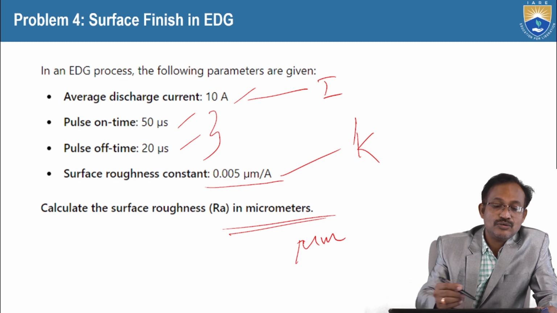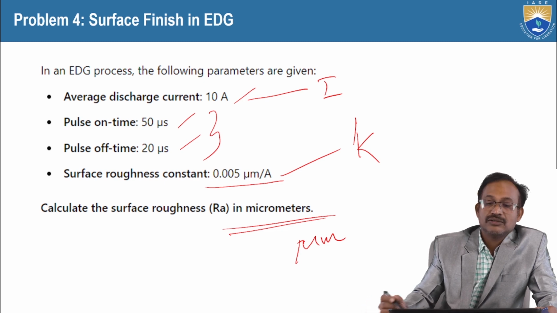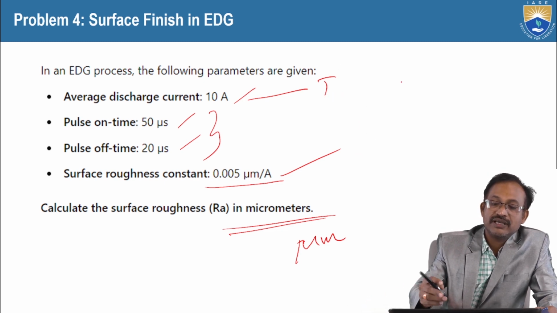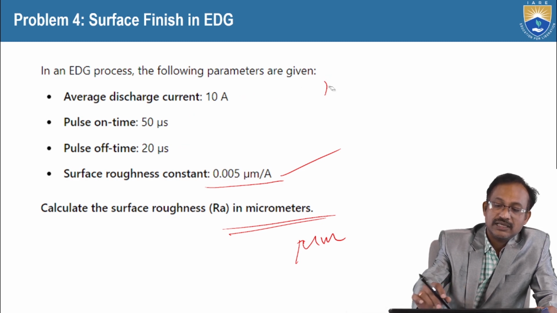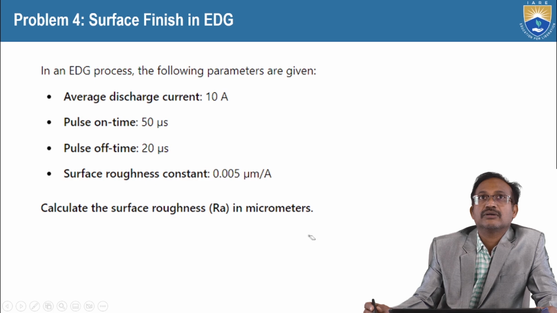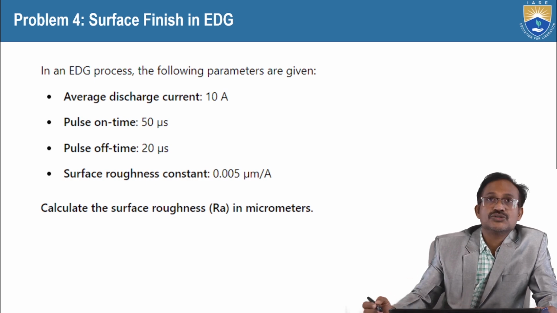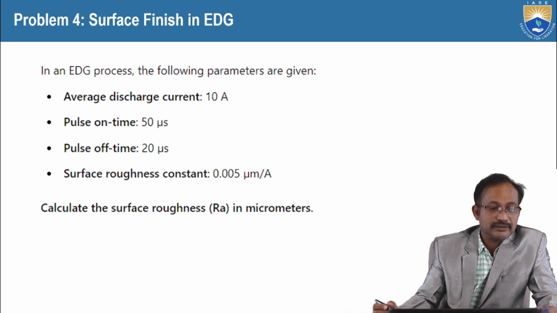Don't think that this data is useful for this problem. Sometimes superfluous data will be given, so we may not use that data for the calculation of the required question. We have to understand that this superfluous data will be useful in the assessment of some other parameters.